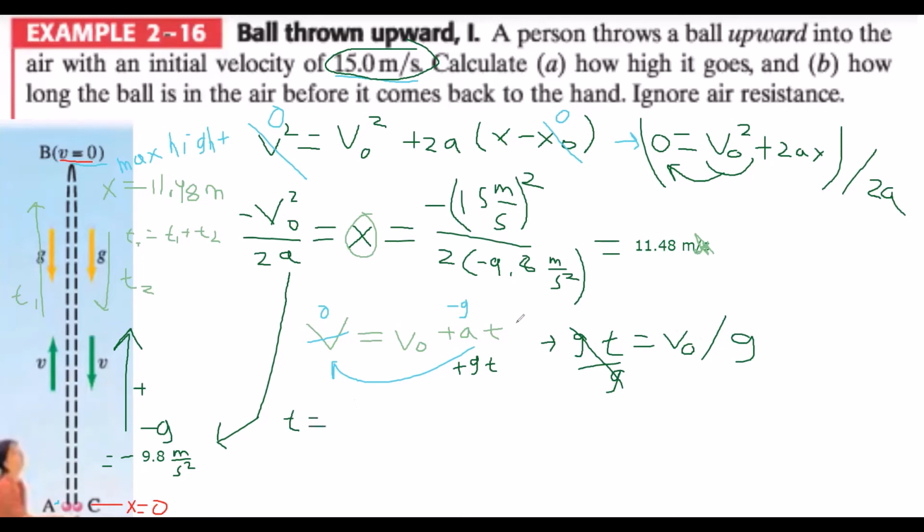I wonder if I can type this. 15 meters per second over, it's going to be positive now, 9.8 meters over second squared. This is going to equal 1.5 seconds.